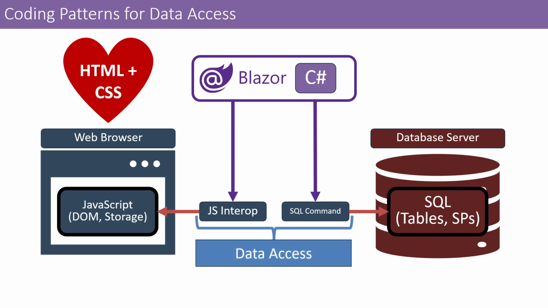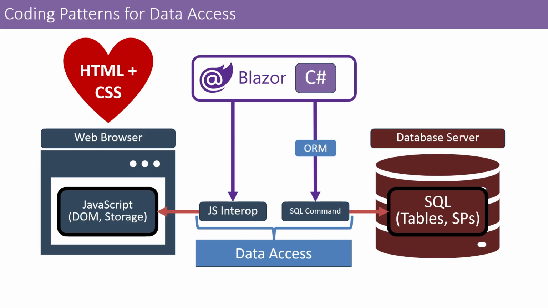So in a way, it's like data access. Just like we're using an SQL command to get to different aspects, like table data, in a database server, we need to get to the data of JavaScript, or in the web browser through JavaScript, most commonly referred to as JS interop.